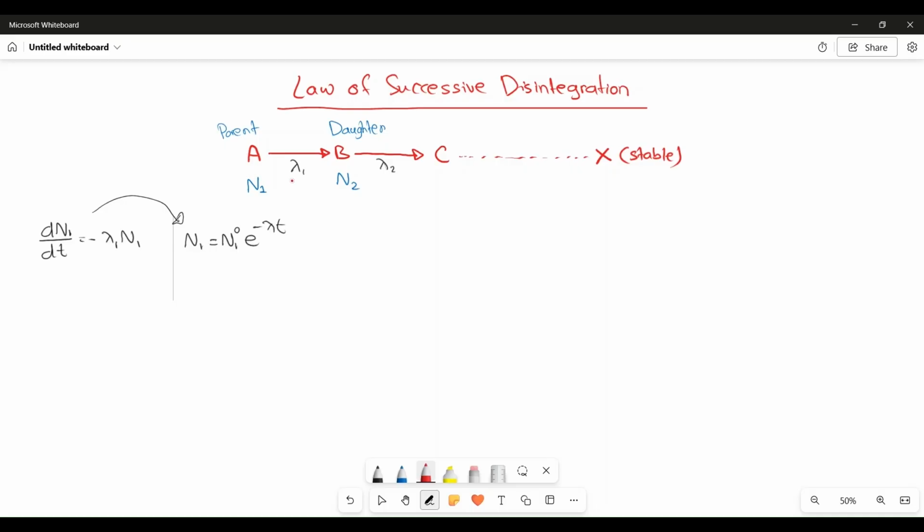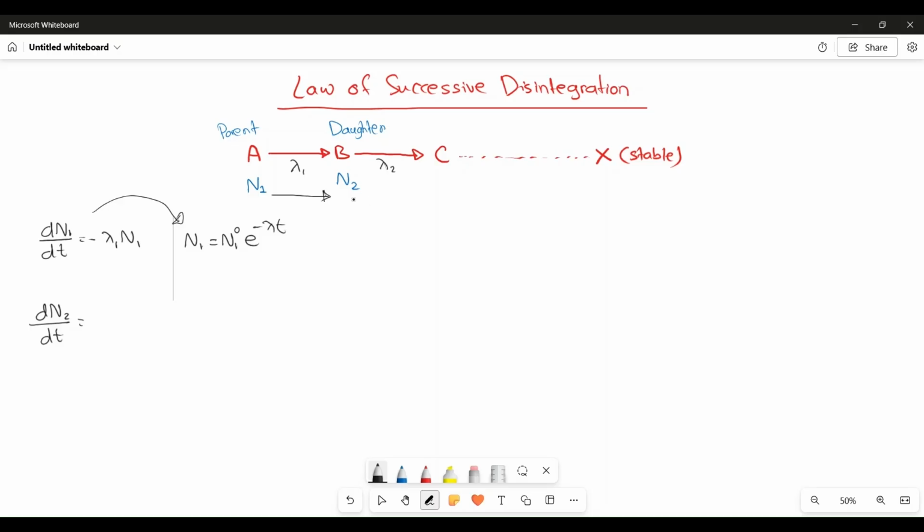Now, as time goes on, both n1 and n2 disintegrate and keep turning into new materials. Now we will observe the change in n2, that is dn2 by dt. After a period of t, some of the parent n1 turns into n2, because the parent is decaying and turning into n2.